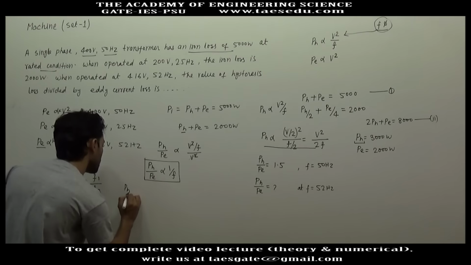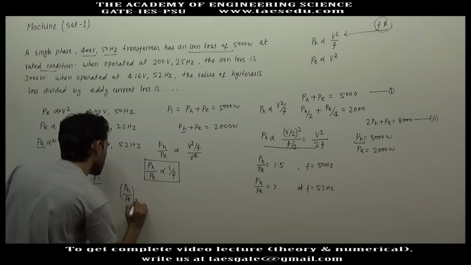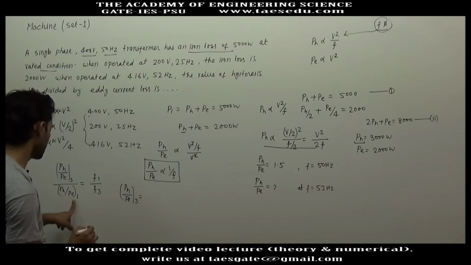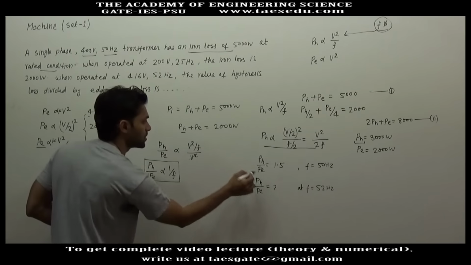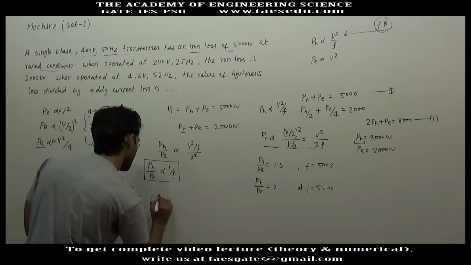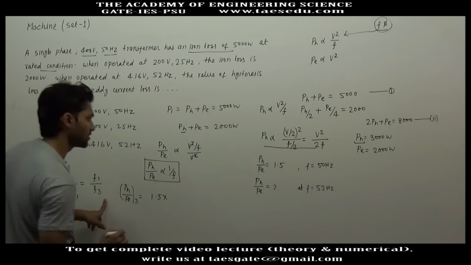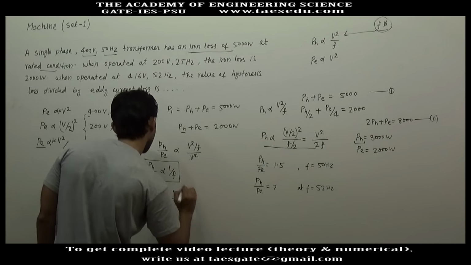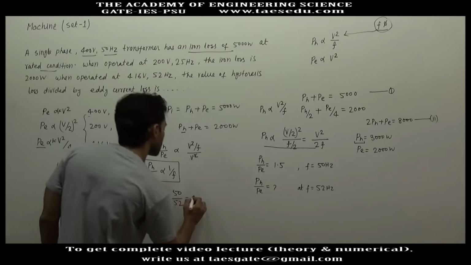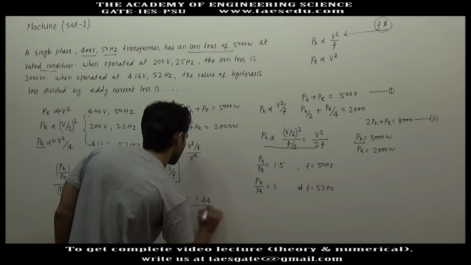So PH by PE in the third case will be PH by PE in the first case into F1 by F3. So PH by PE in the first case is 1.5 into F1 by F3, 50 divided by 52. This will give you 1.44.